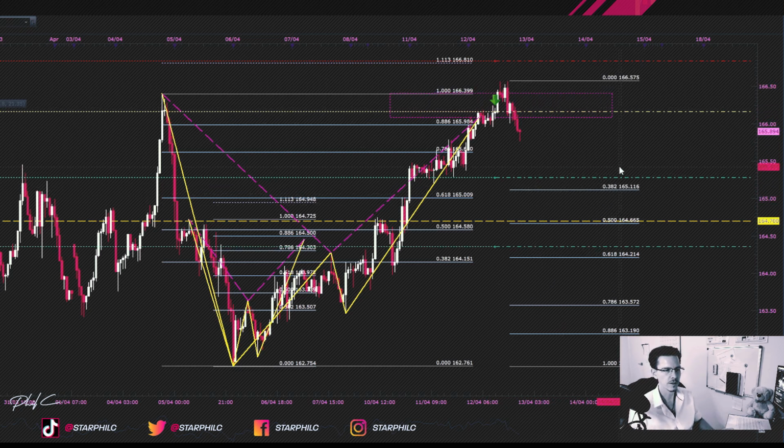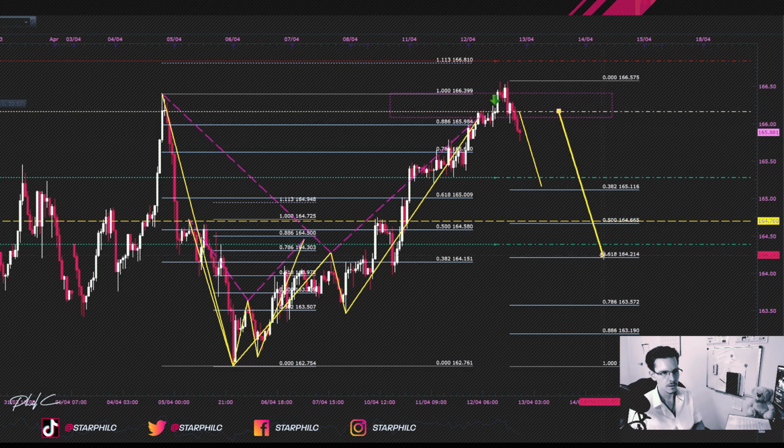So then we adjust our target 1 and also adjust our target 2s. So with this one, we're looking at 382 for target 1, 618 for target 2. So this one is also a bat, currently short on the pound yen.